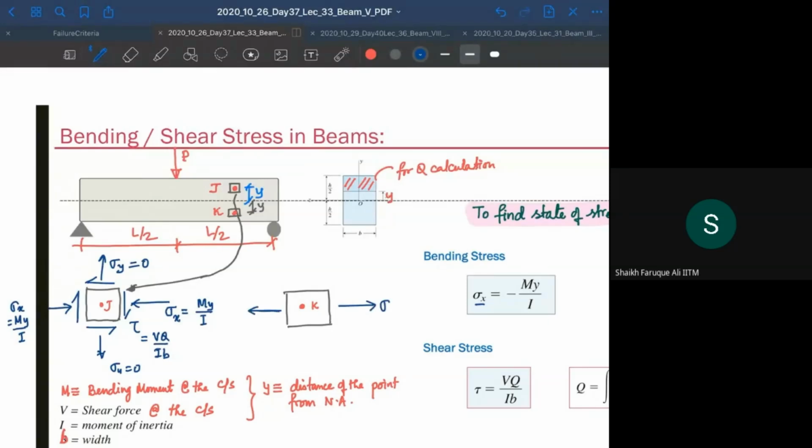So this is my sigma x equal to My by I, right? And this is also sigma x equal to My by I, and this is going to be 0. And there will be shear stresses, right? No, the shear stress direction doesn't change, it remains the same.